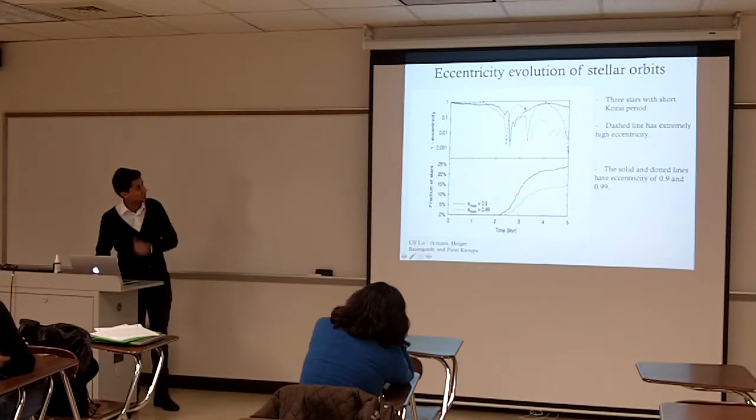So the first star, the closest star, is the one shown in long dash, and it has the highest eccentricity, which goes almost to 1. But the other two stars go to close to 0.9 and 0.99.